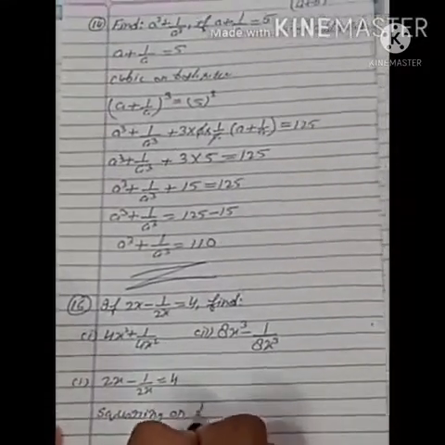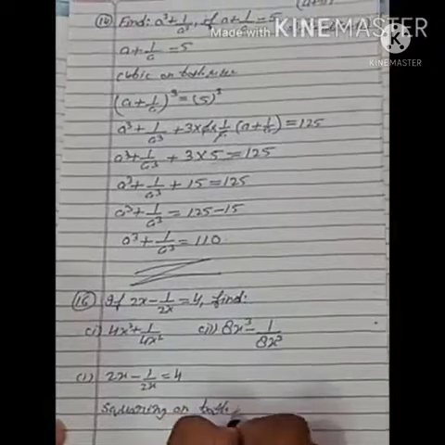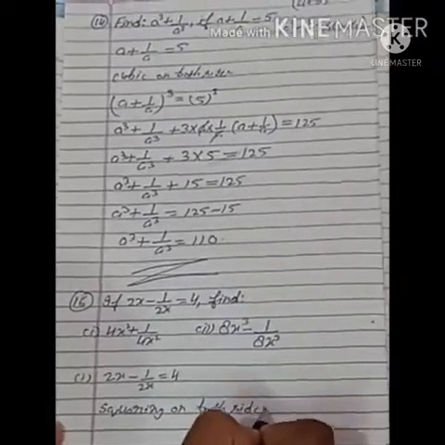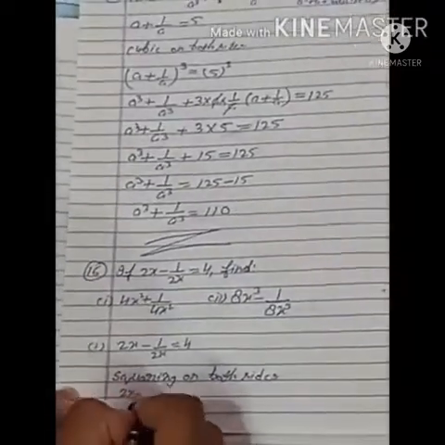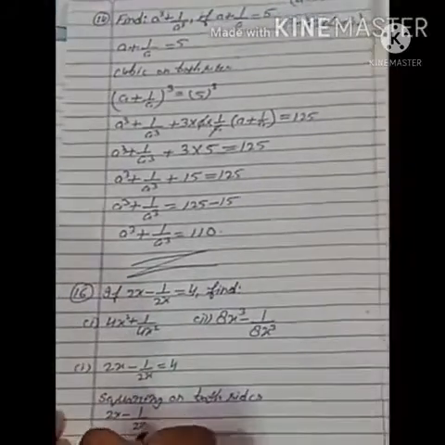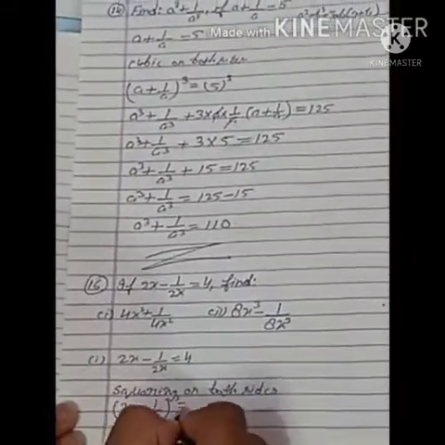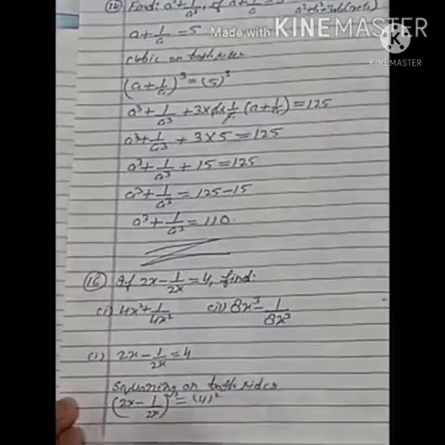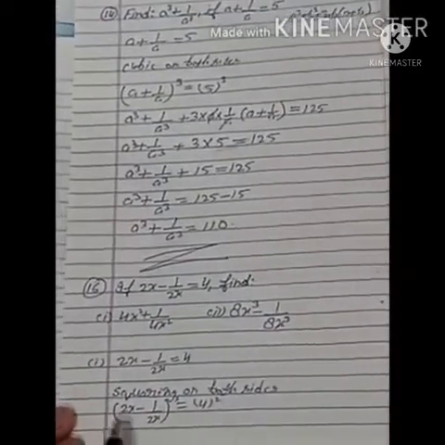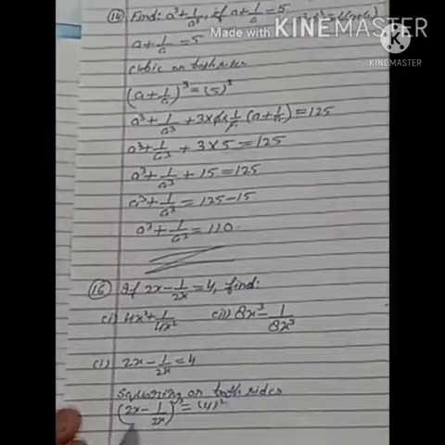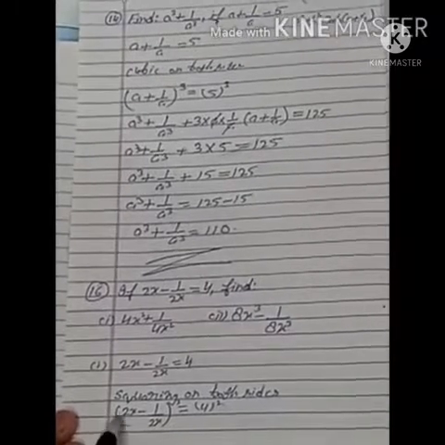squaring on both sides. So it means 2x minus 1 upon 2x whole square is equal to 4 square. This we can consider as a minus 1 upon a whole square. See, this denominator is also same, 2x.